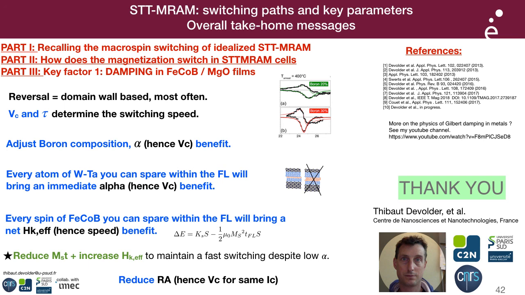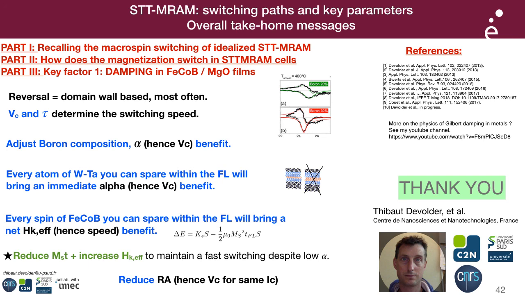So in order to optimize these two parameters, one main ingredient is to reduce the damping parameter as much as possible. And for this, one way is to play on the boron composition, to postpone the crystallization as much as possible and avoid interdiffusion. Another message is that every atom of heavy metal contaminant that you can spare within the free layer will bring an immediate benefit in terms of damping, so in terms of switching threshold.